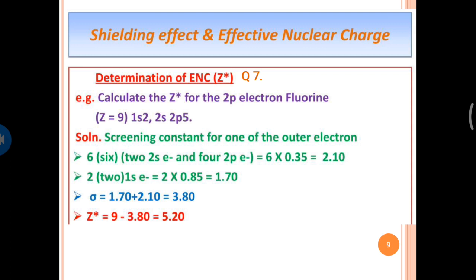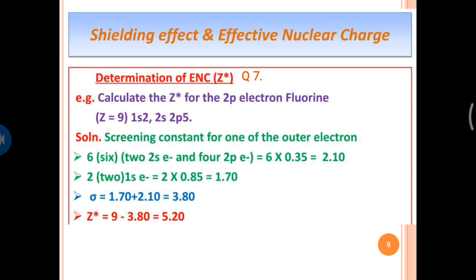Now calculate the screening constant for one of the outer electrons. First group is 1s2 and second group is 2s2 2p5. The outer shell consists of 7 electrons, of which 1 electron is the one being considered, so 6 into 0.35 is equal to 2.10.